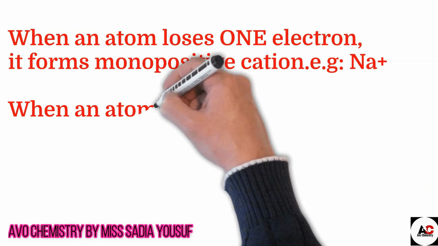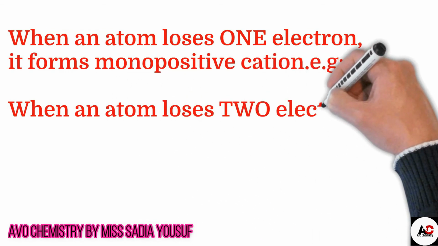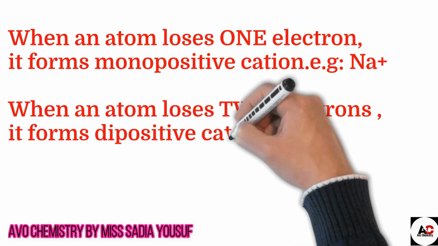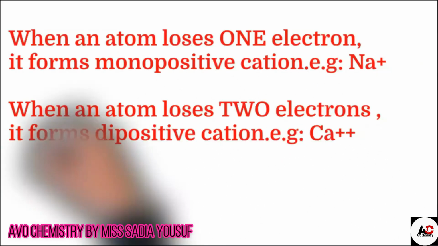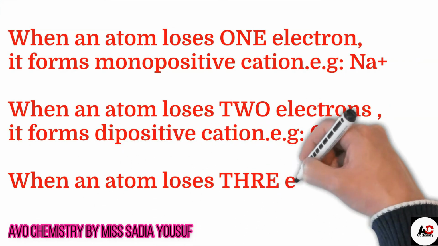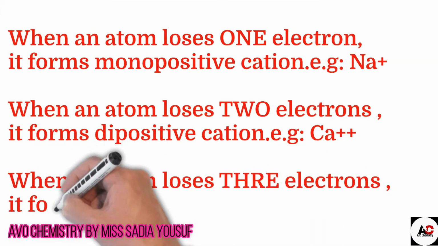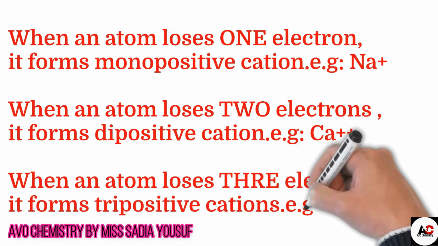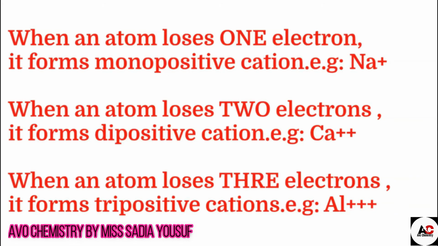And when an atom loses 2 electrons, it forms a dipositive cation like calcium plus 2. It gets plus 2 charge because it loses 2 electrons. And when an atom loses 3 electrons, it forms a tripositive cation like aluminum plus 3. It gets plus 3 charge because it loses 3 electrons.